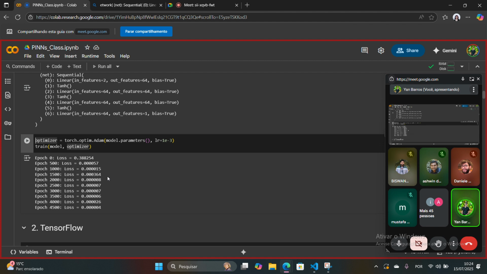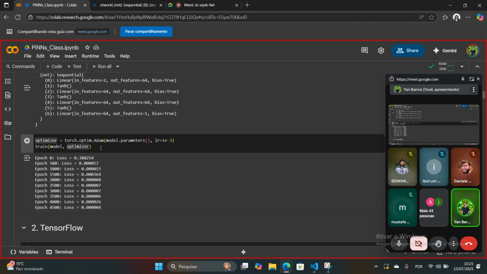One thing that is interesting is that I just set 5,000 training points, and we saw a decrease of the loss, but we also saw instability. The loss decreases, then increases, then decreases, then increases. We don't have an exponential decrease of the loss function here.